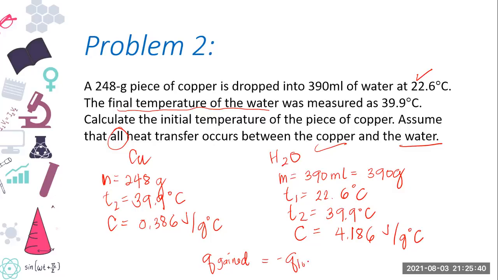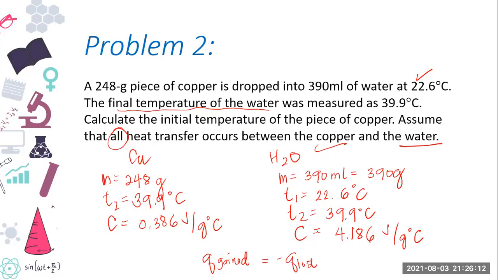Now, I remember I was telling you that even if you interchange Q gain and Q loss, as long as one is negative, it would still help you arrive at the correct answer. For this problem, I'm assuming Q gain will be the substance that heats up, and Q lost will be the substance that cooled down, because it's the one that is releasing heat.